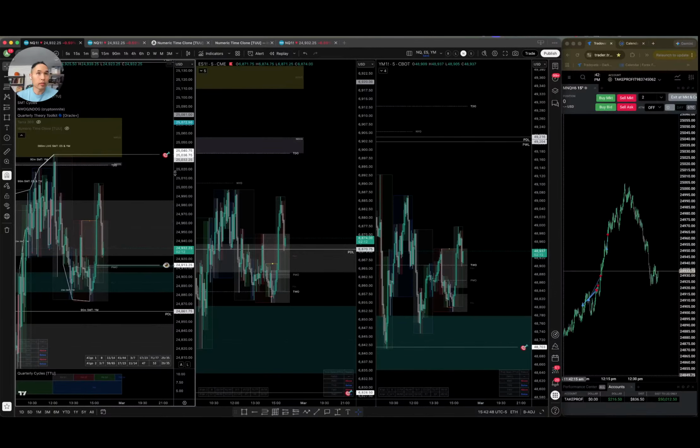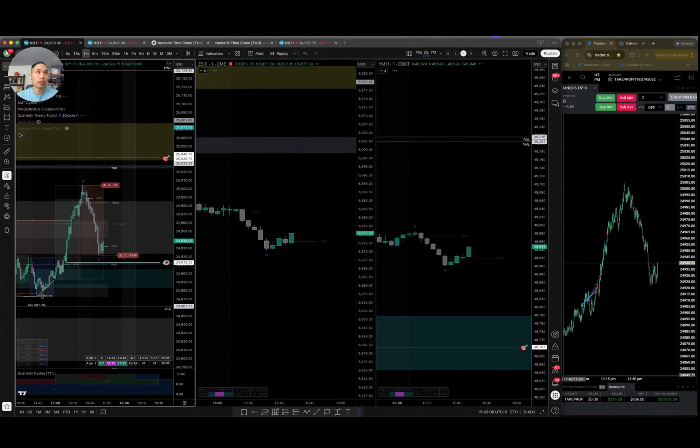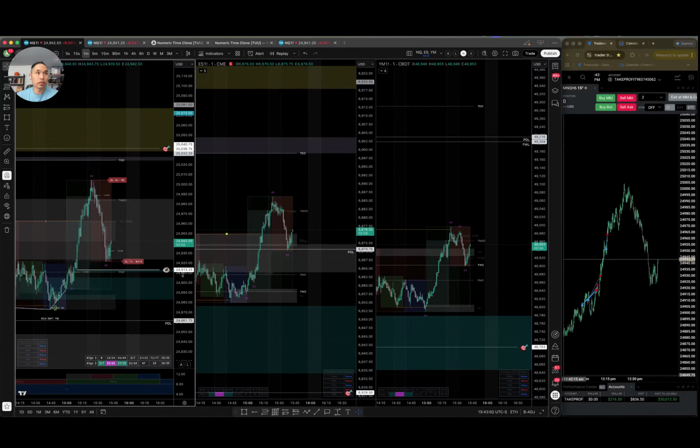Very ugly. Not interested in any of this. So we got a little retrace back, and then we're going to go.